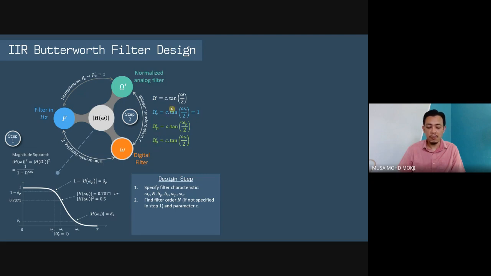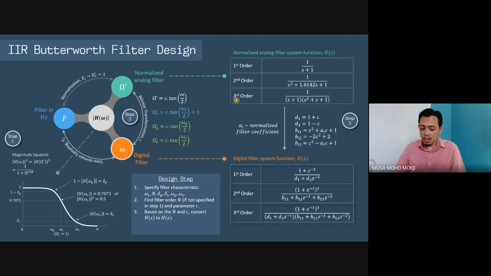Okay, so if this is not enough, maybe we need to use this, right? But generally, this is how we describe the relationship of the frequency between the analog filter, the normalized analog filter, and our discrete filter. Okay, so this is step 3.